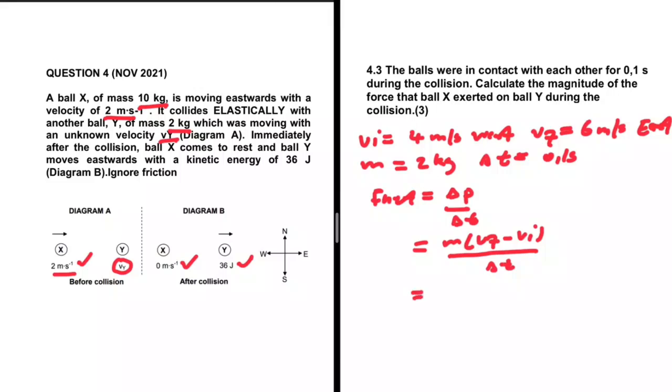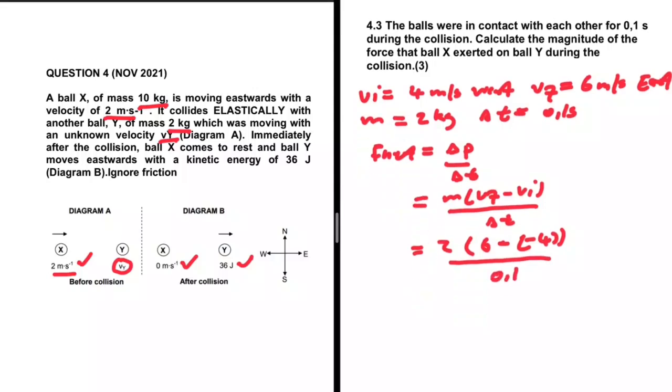So the mass, that is 2 kgs, Vf is 6 minus Vi, which is minus 4. Okay, everything divided by 0.1. So let's go ahead and take a look. So we're gonna have 6 minus 4, so that is 10 multiplied by 2, it's 20, divided by 0.1 is 200. So we have 200 newtons. So there we go. This is the magnitude of the force that ball X exerted on ball Y during the collision.